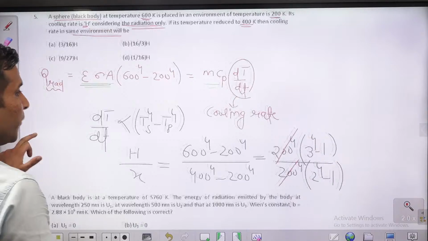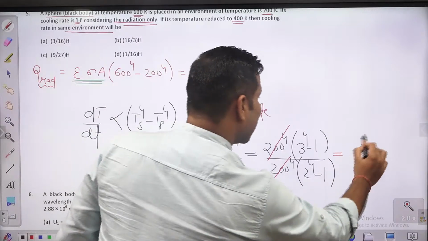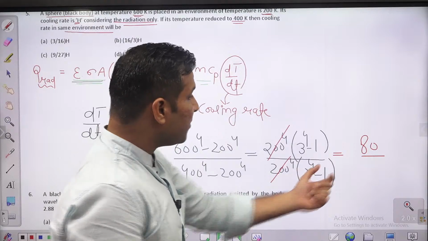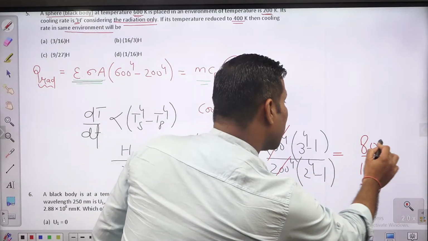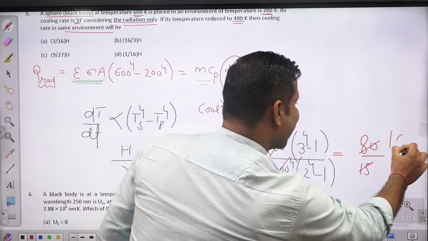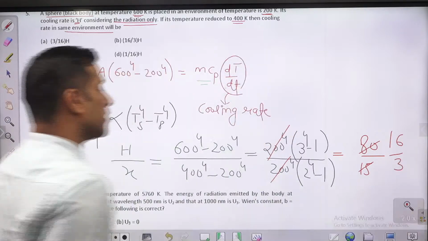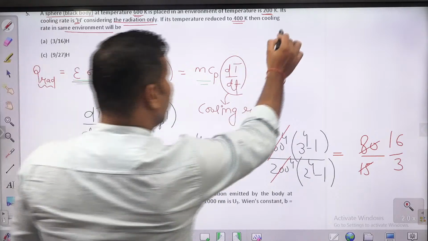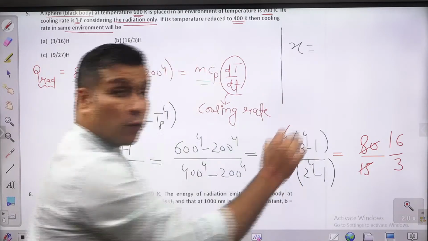And further solving, you will get 80, because 81 minus 1 you will get 80, and this will be 16 minus 1, this will be 15. Further solving, you will get 16/3. Okay, so the final rate of cooling X will be what, guys?